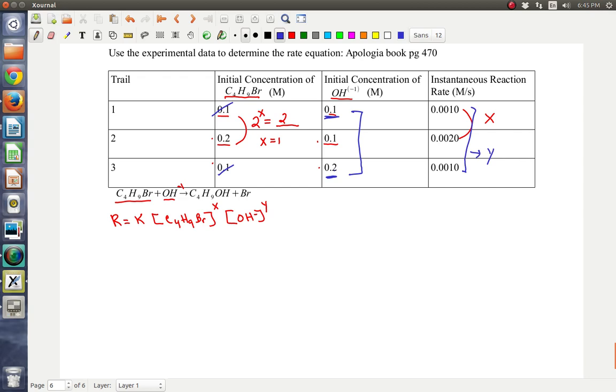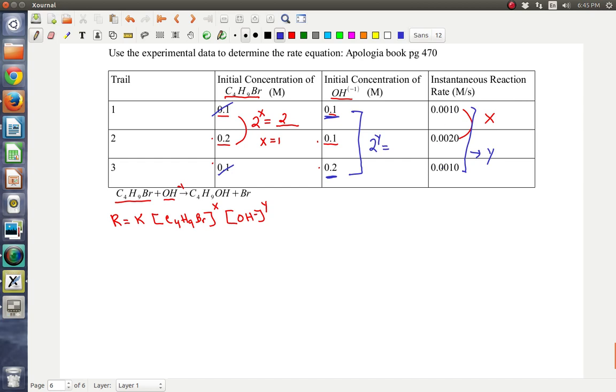Alright, so 0.2 divided by 0.1, the second one divided by the first one, is a 2. So 2 to the y power equals 0.1 divided by 0.1. Well, that's exactly the same number. The rate didn't change. The concentration of this one reactant changed, the other reactant stayed exactly the same, and the rate did not change.